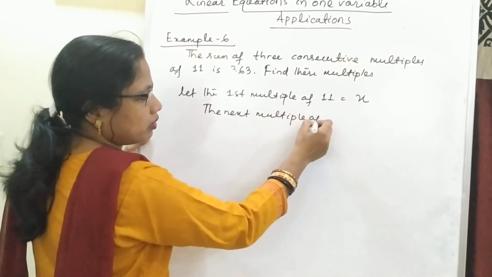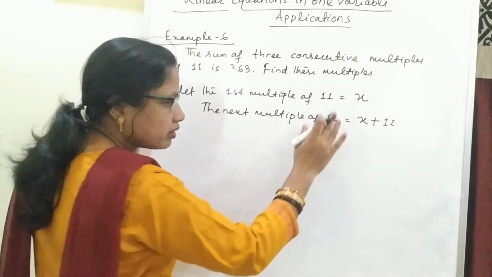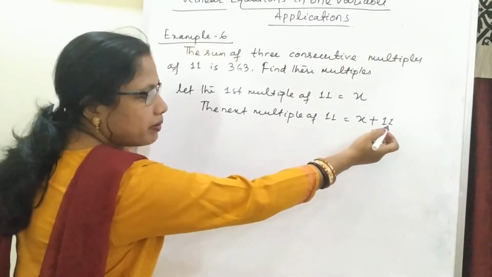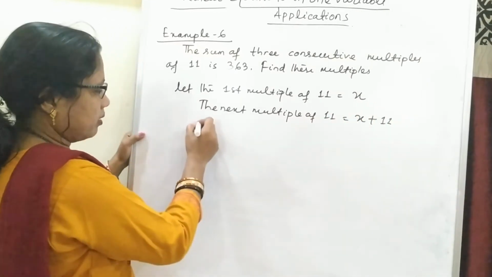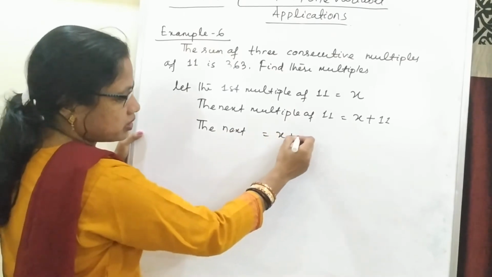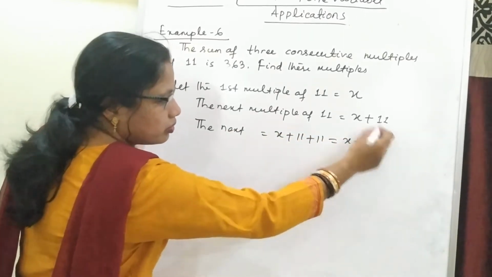Then the next multiple of 11 after x plus 11 will be x plus 11 plus 11, that will be x plus 22.